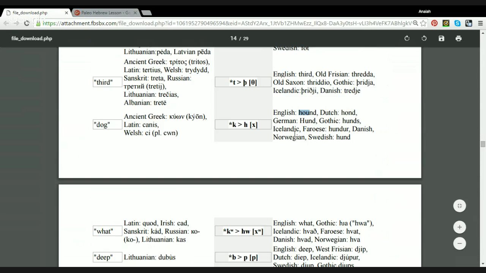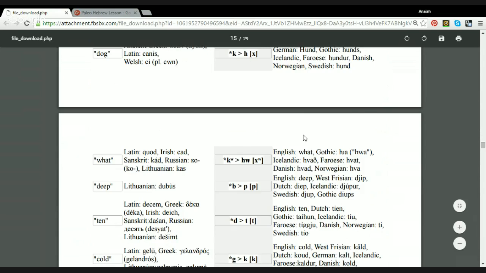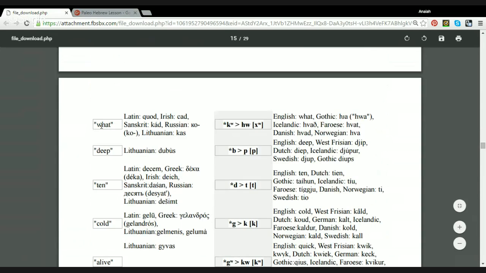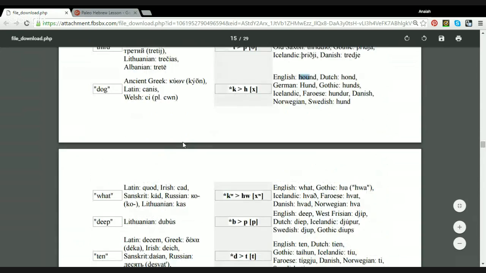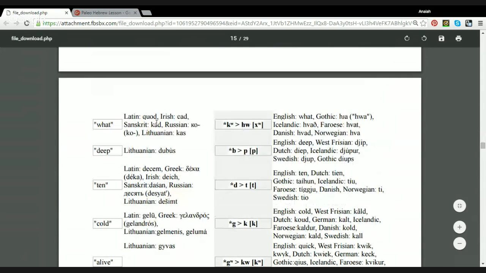Hunder, Danish, Norwegian, Swedish. Then the word what, in Latin, it is quod. Irish, kad. Sanskrit, kad. Russian, like ko. Lithuanian, kas. English, we got what with W. Gothic is hwa. Icelandic, hwav. Faroese, hwat. Danish, hwad. Norwegian, hwa.